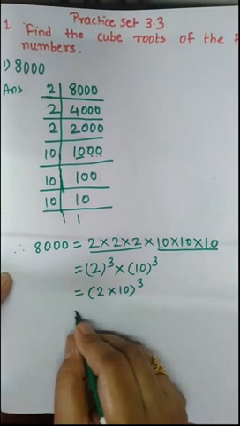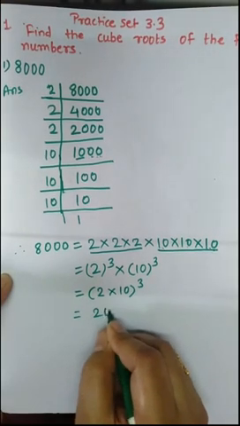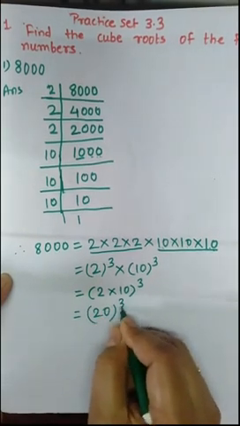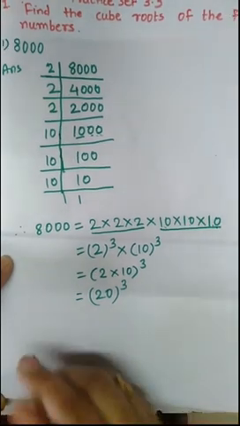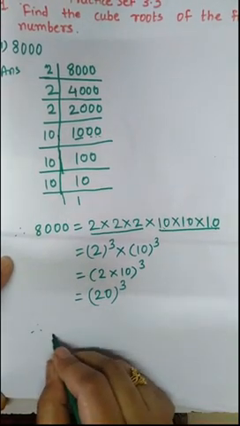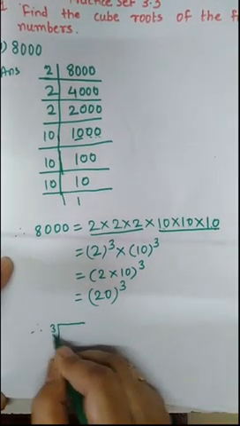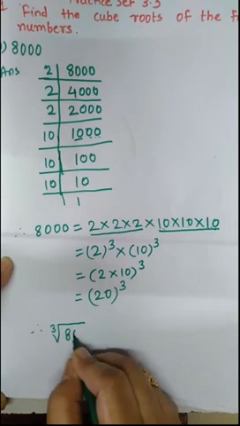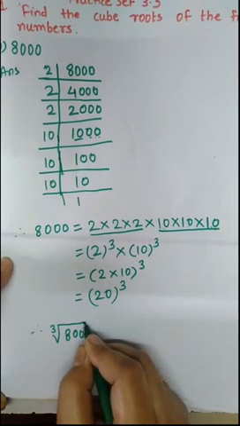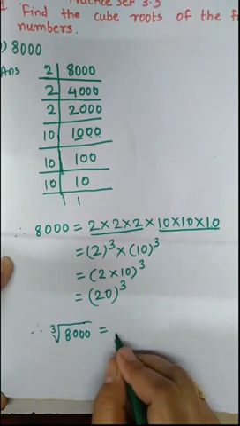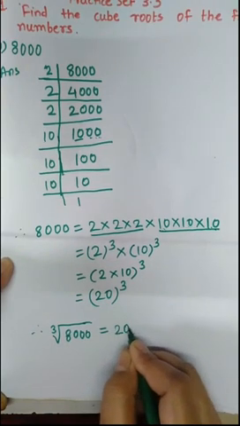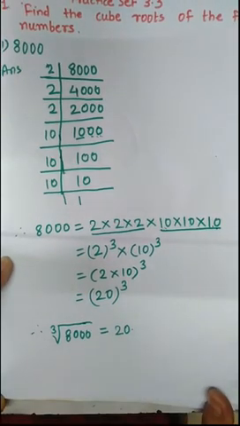Correct? So 10 2s are 20. This is the 20 cube. Therefore, the cube root of 8000 is equal to 20. Very simple.